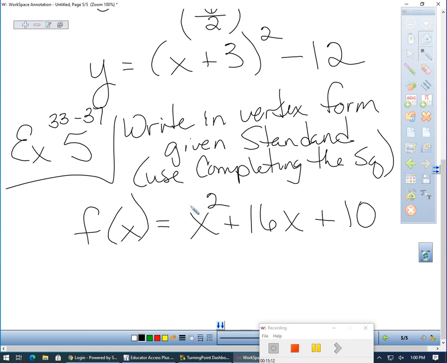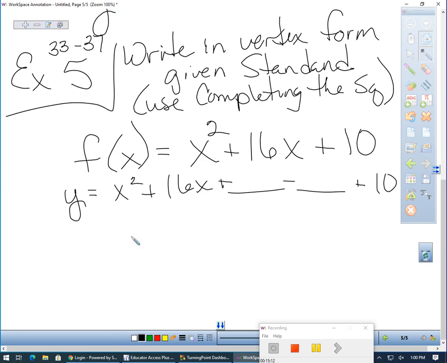All right, so the first thing we're going to do is rewrite this as, I'm going to use y equals x squared plus 16x plus a blank minus a blank plus 10. I need to write this as a perfect square. So half of 16 squared. Whatever I add on, I have to take back off.